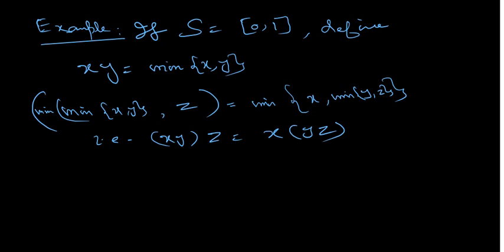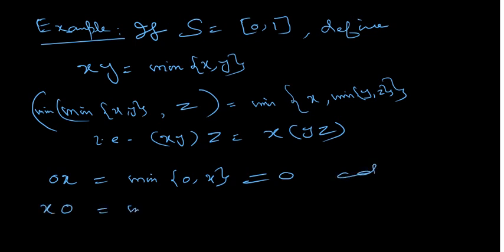So this is a semigroup, and if you look at its zero element, it is 0, because if you compute 0 times x for any x in S, it is equal to the minimum of 0 and x, which is 0, and x times 0 is the minimum of x and 0, which is 0. So this is a semigroup with 0.